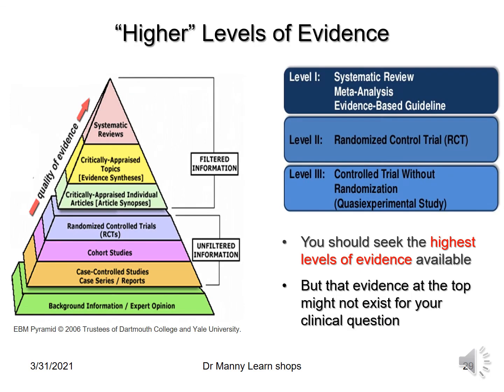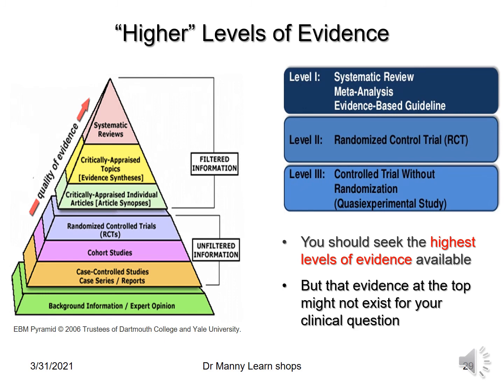So, the evidence-based medicine pyramid has 7 levels of evidence. You should always seek the highest level of evidence available if possible. But you also have to remember that the evidence at the top might not exist for your clinical question.